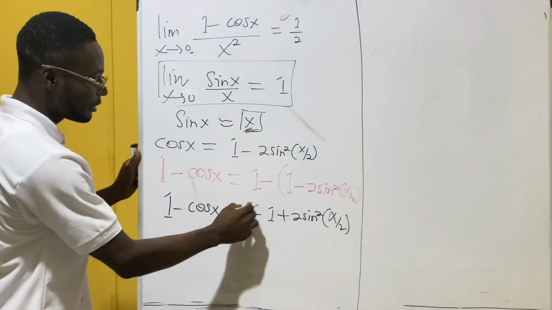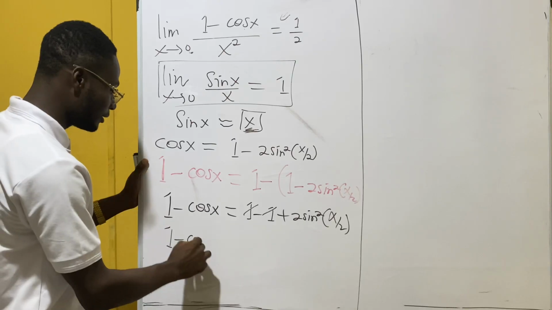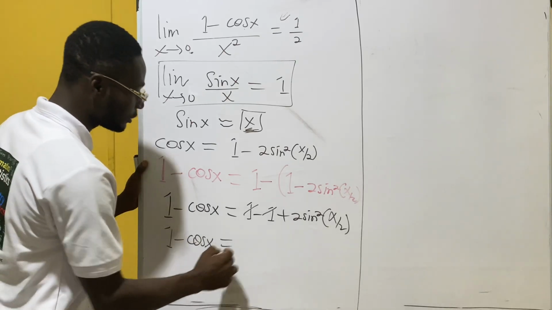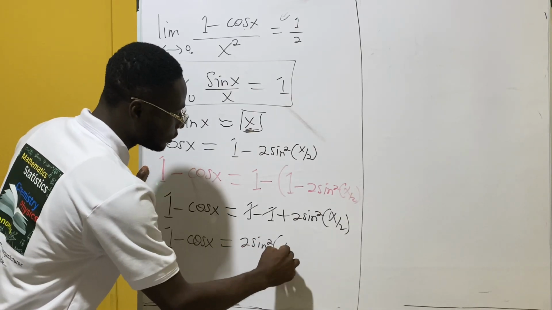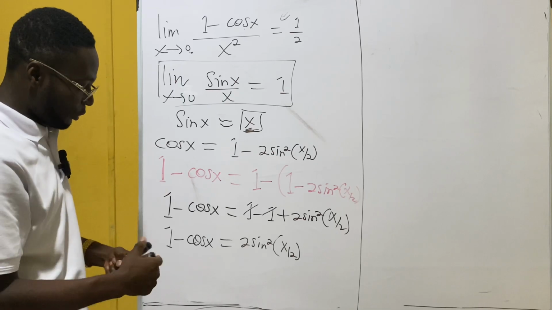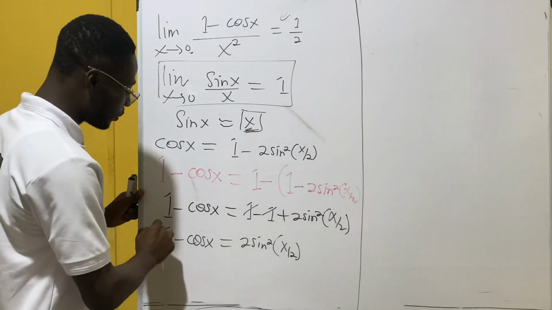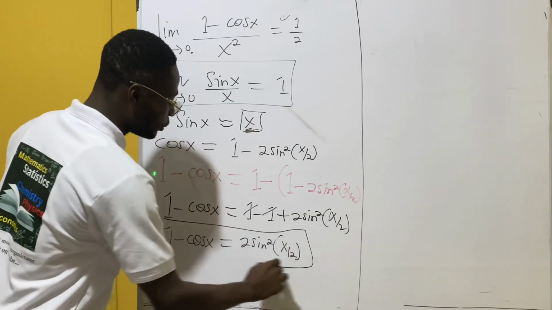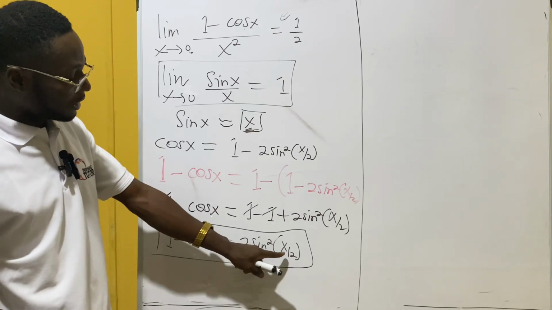This basically cancels out, and you have 1 minus cos x equals 2 sin squared of x on 2.